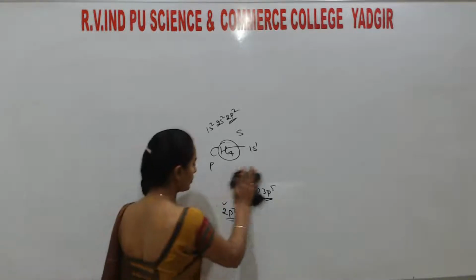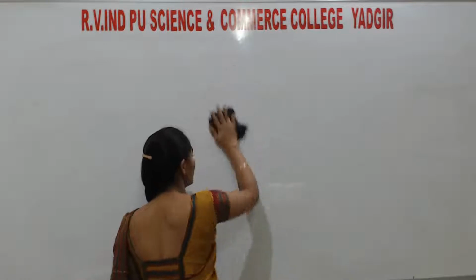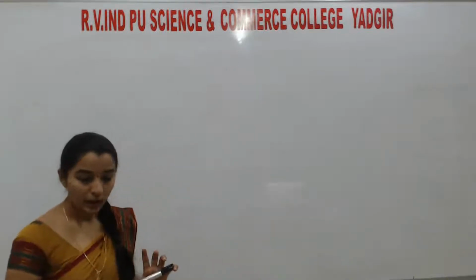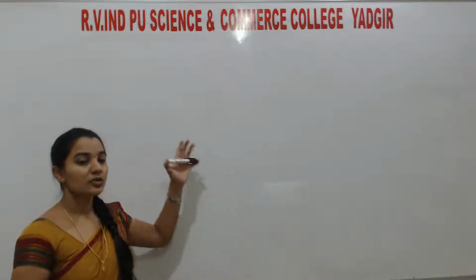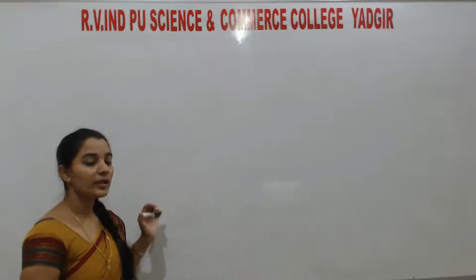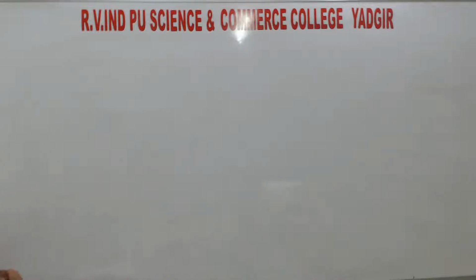Understand? So this is all about the drawbacks. The next one is valence bond theory. Remember, VSEPR theory doesn't tell us about overlapping of the atomic orbitals. To overcome that drawback, valence bond theory, VBT, is introduced.